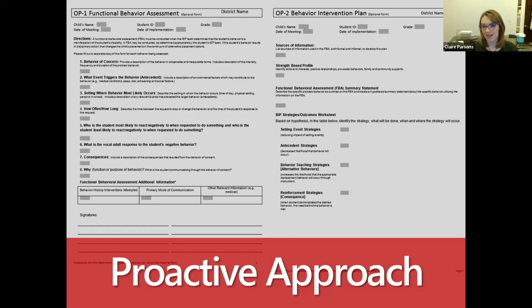So the mindset going into these different processes is different, and it really emphasizes an expectation that there is a proactive approach to help students who have discipline and behavioral needs under IDEA. And part of that proactive approach is making sure people know what the standards are, because so often you get into a situation where people are like, I didn't know, or I don't know what to do.